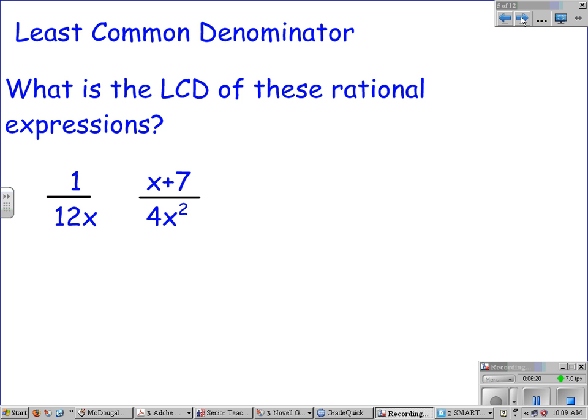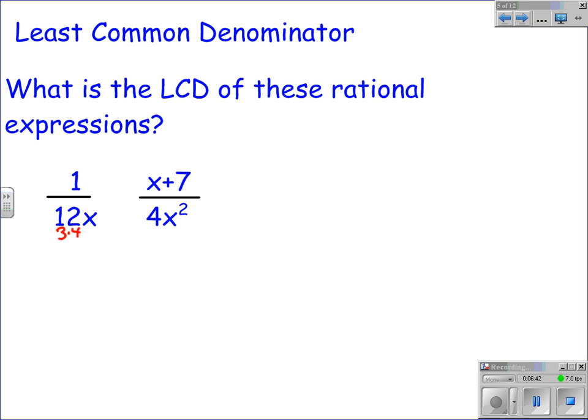What is missing in one of them? Between the numbers 12 and 4, what factor is missing, Dan? 6. Brandon? 4. Bill? 3. This one is 3 times 4.